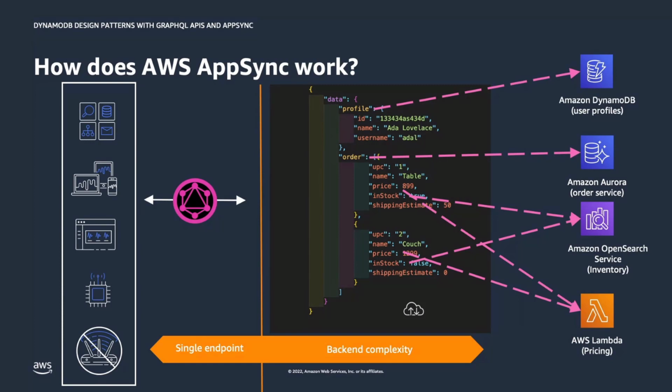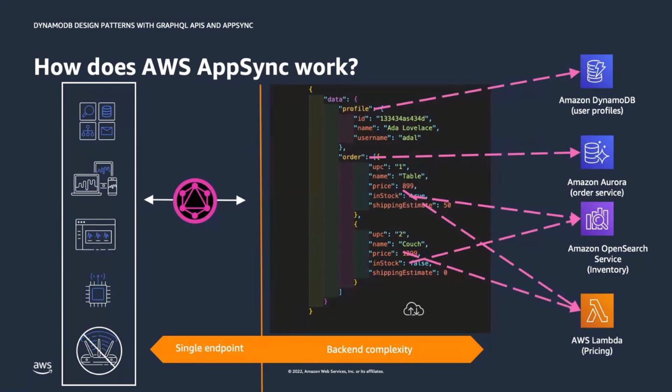There are fields that are being implemented by different resolvers and that are connected to different data sources. So in this example here, you see that we're getting back data, we're getting profile information, and we're getting order information. Profiles are being retrieved from your DynamoDB table. Orders are being retrieved by Amazon Aurora.